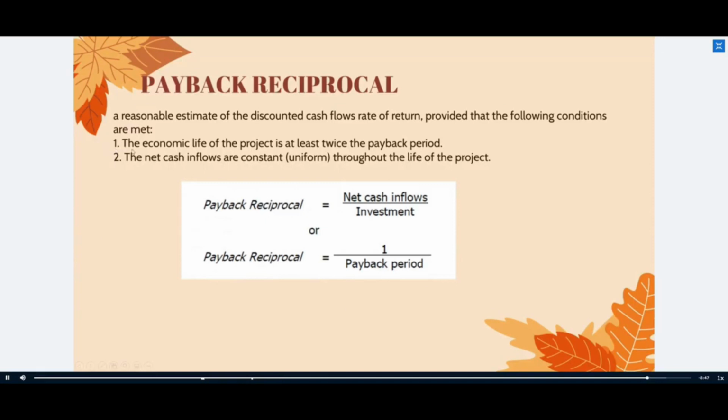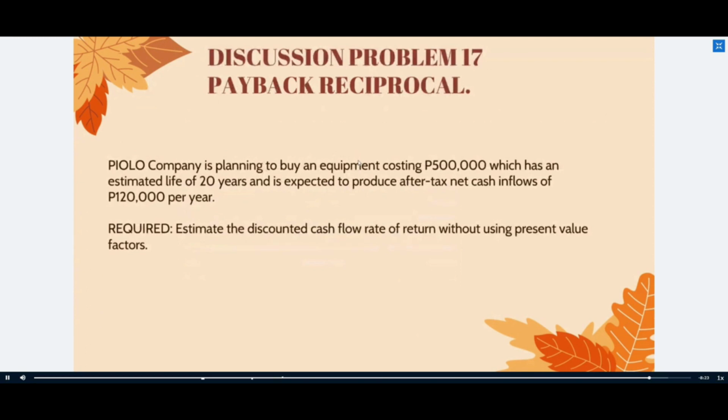Number one, the economic life of the project is at least twice the payback period, and the net cash inflows are constant, meaning uniform. Payback reciprocal is simply your net cash inflow over the investment, or 1 divided by the payback period. Okay, so let's have problem number 17.